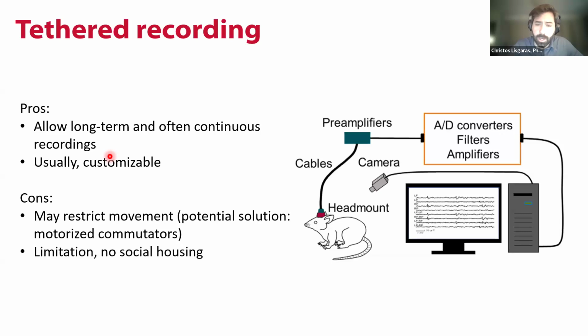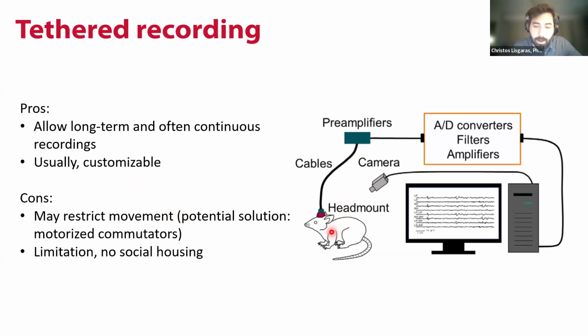You can usually customize how many electrodes, how many animals you can record simultaneously. But some of the disadvantages is that movement may be restricted in the animal because there are cables, and they cannot really move throughout all their home cage.